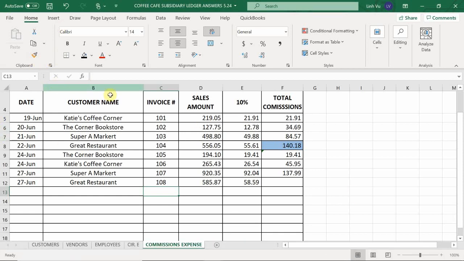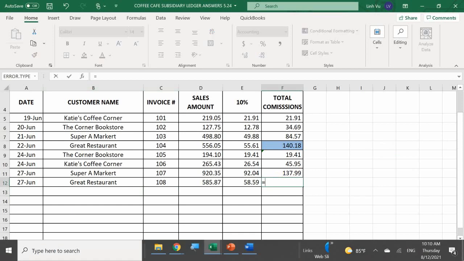Okay, so 10% of 585.87 is 58.59. And we're going to go ahead and add that value so that now we owe Albert $196.58. All right, Albert's working hard, so he's earned $196.58.